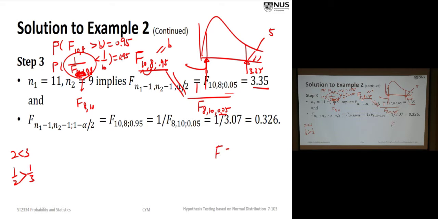If you remember, everything comes from the definition. F(10,x) is a chi-square 10 divided by 10 over chi-square x divided by x. So you take the reciprocal, so now it becomes like that.